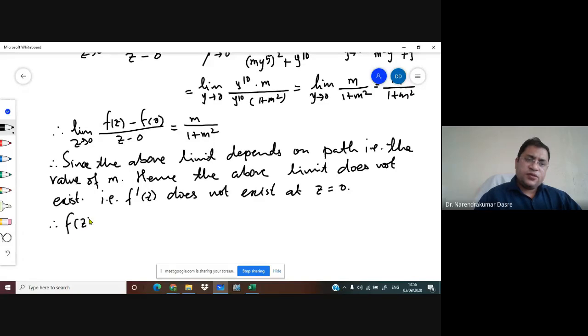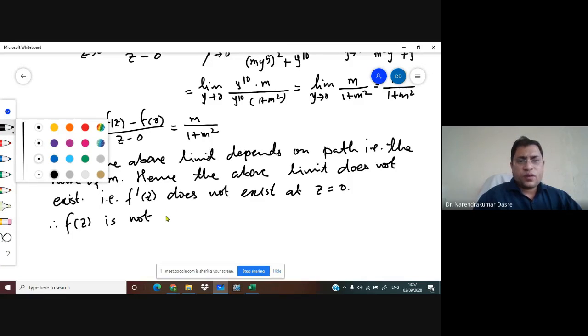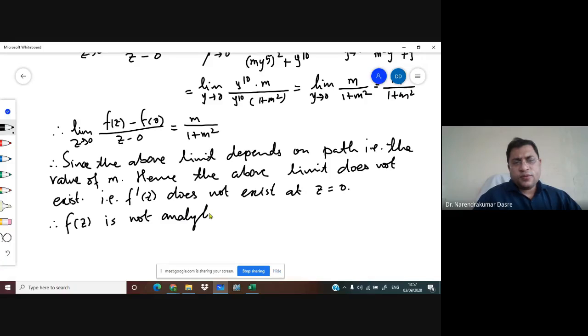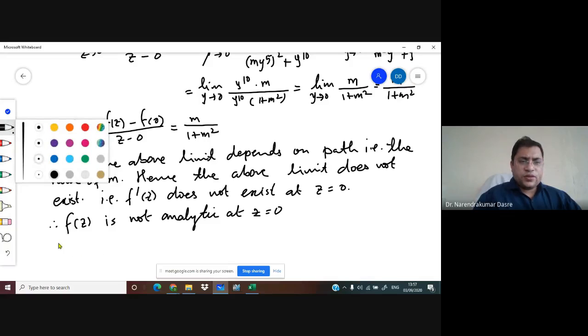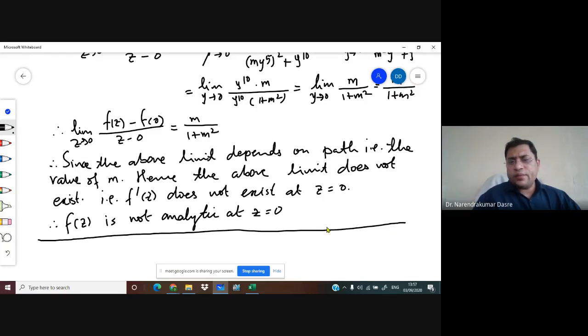So we can say f of z is not analytic at z is equal to 0. This way we are able to prove that.